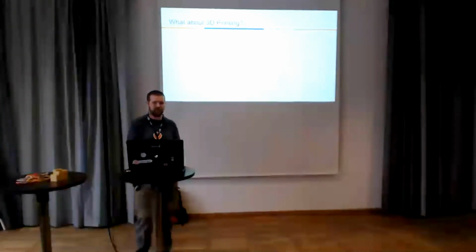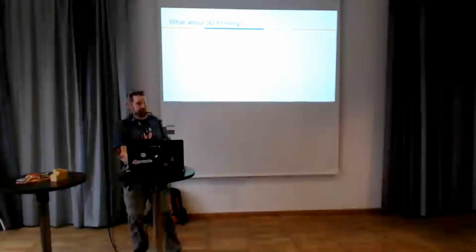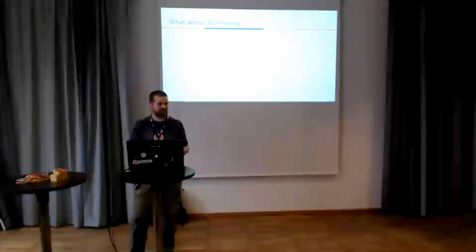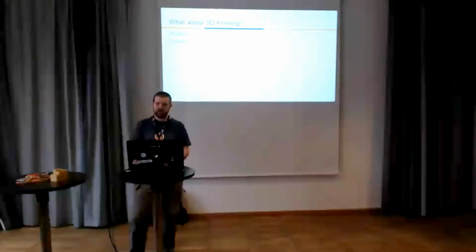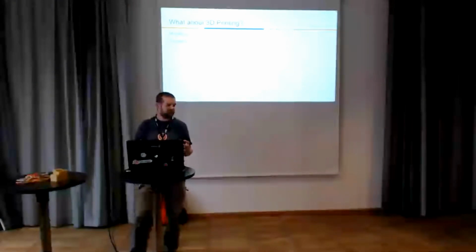What about 3D printing? Not all of the tools can be used for 3D printing, but still it's a modeler. You can sculpt organic shapes, creatures, or trees, or anything organic, and that works very well.